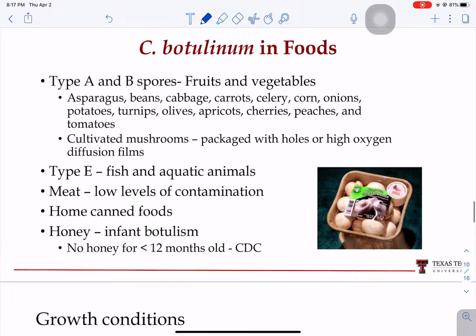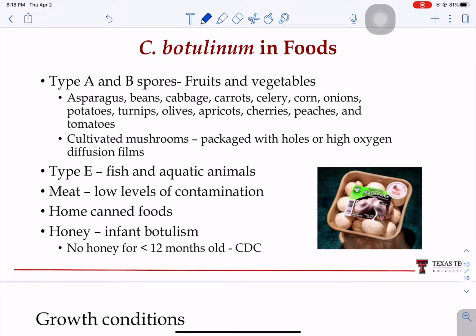Now, what's common in food? What types of foods may be carriers of these microorganisms? We mentioned that already. The most common in food are type A, type B, and E. E will be mostly common in seafood.